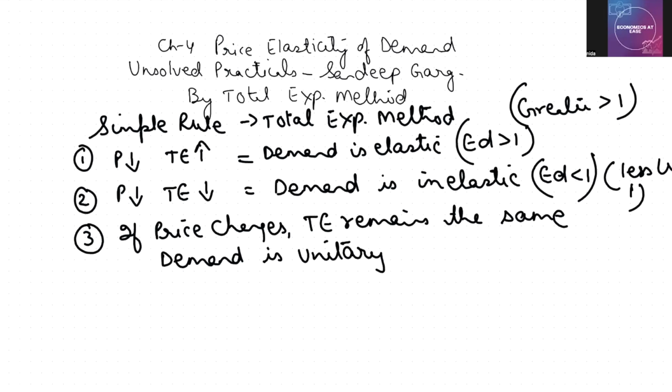These are the rules, and it will save your time. We will do the examples like this, keeping this in mind. ED equals 1 when there is no change in expenditure but there is a change in price. When price falls and total expenditure decreases, demand is inelastic, that is, less than 1. When price falls and total expenditure rises, demand is elastic, that is, greater than 1. Keep this in mind, and then we will continue with the questions.